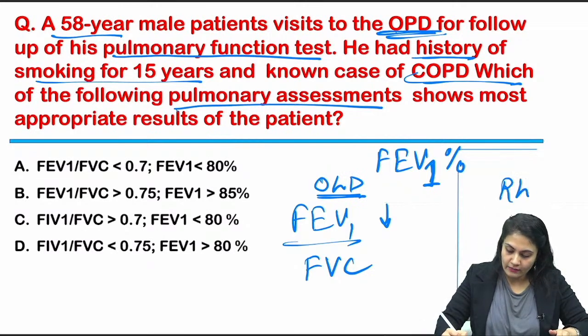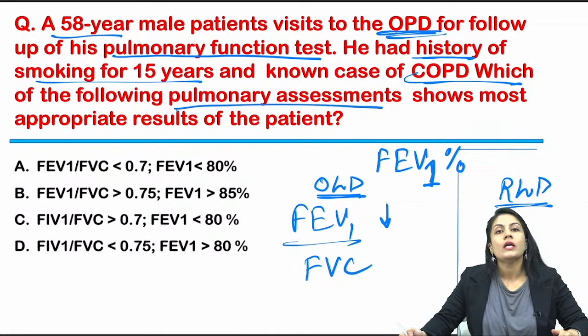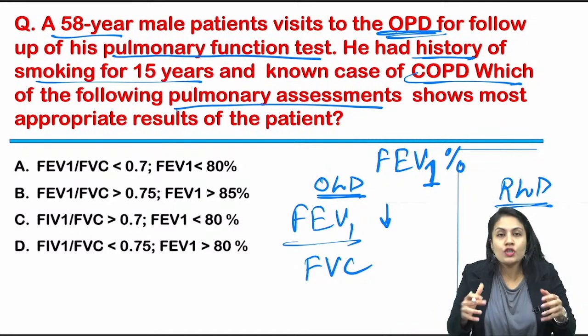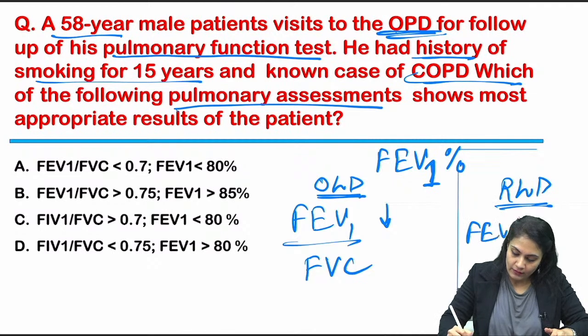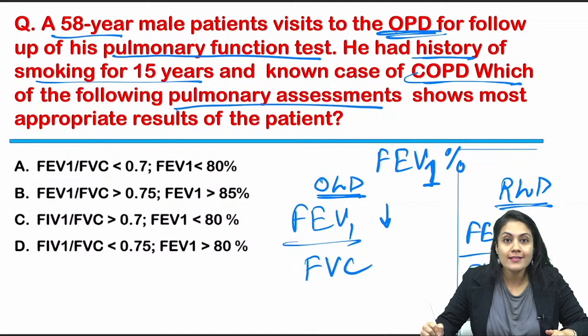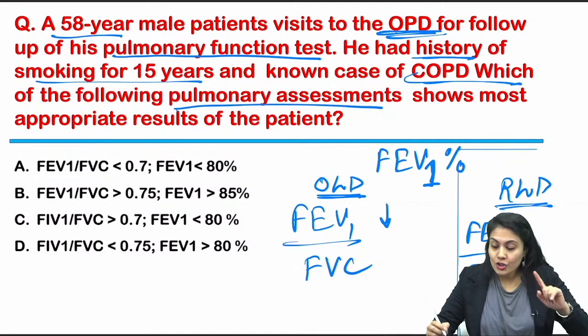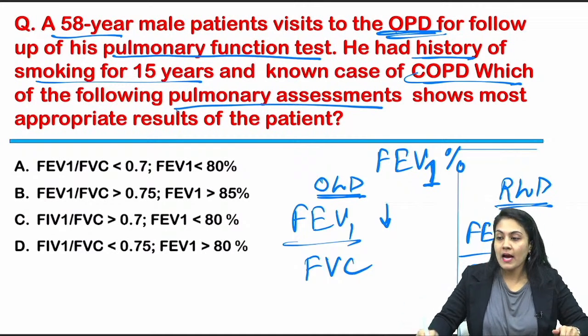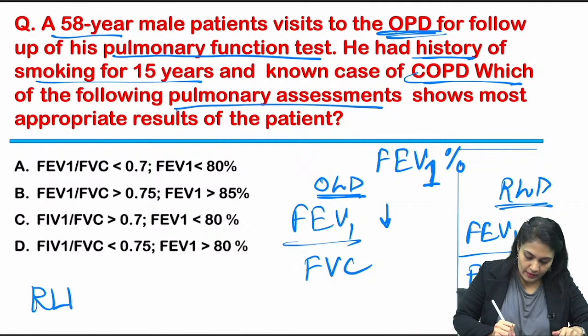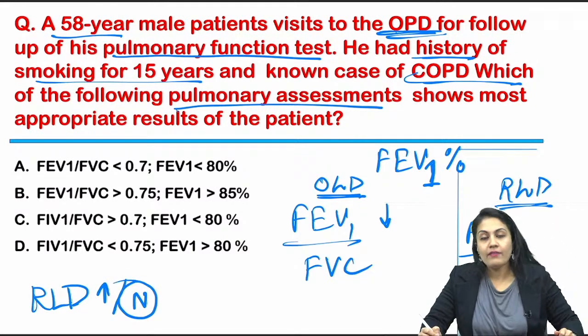In restrictive lung disease, what is going to happen? In restrictive lung disease, there is a restriction. So FVC, initially what is going to happen? The FEV1 will be normal, but the FVC will be decreased. So in the initial or mild phases, I'll write over here, restrictive lung disease will have an increased or normal FEV1 percentage.